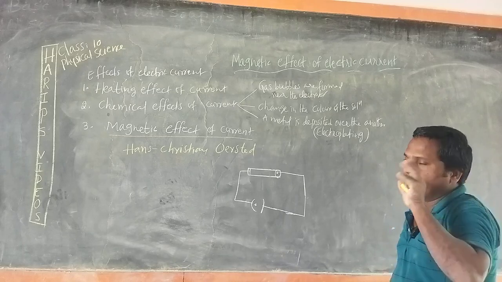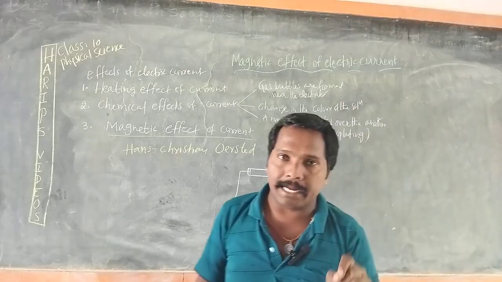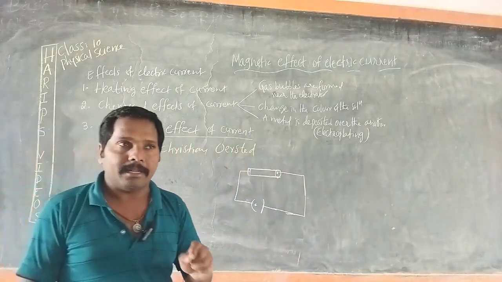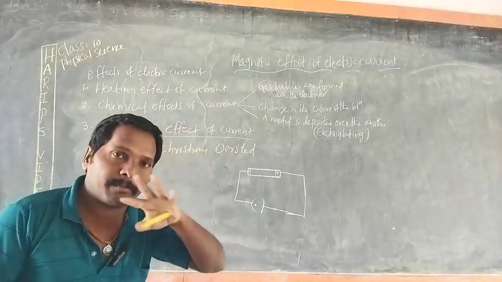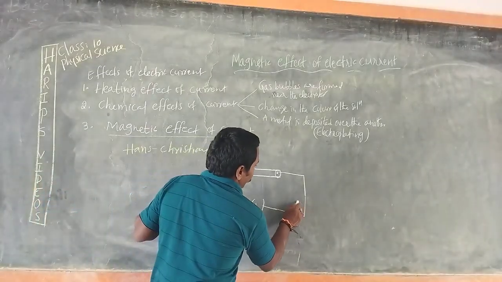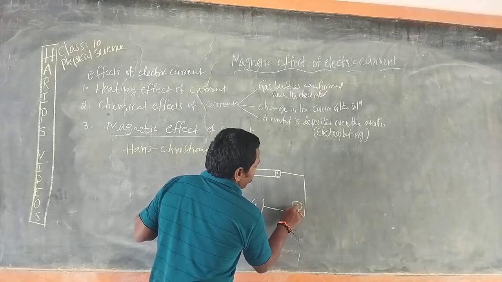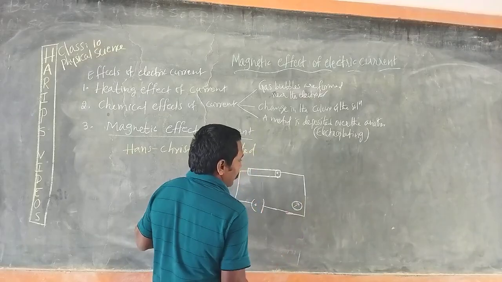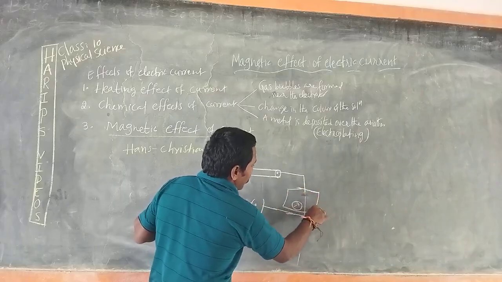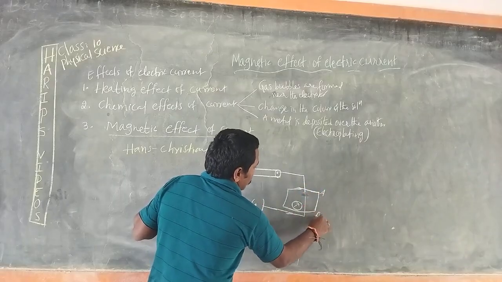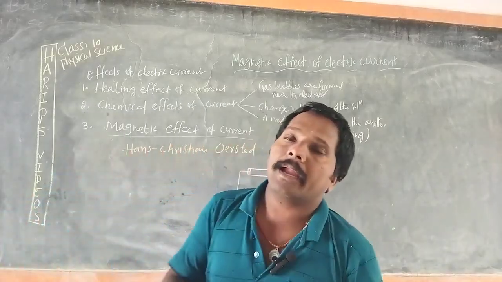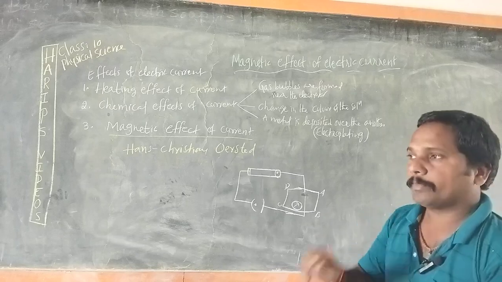So he conducted an experiment with a magnetic compass and a current carrying conductor, a wire through which electricity passes.